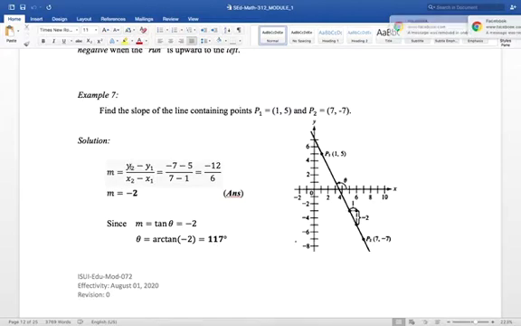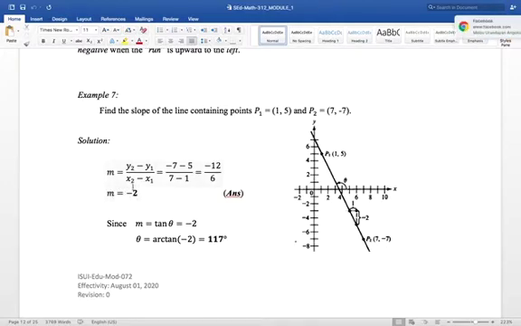So you have y sub 2, which is negative 7, minus y sub 1, which is 5, over x sub 2, which is 7, minus x sub 1, which is 1. So you will have negative 12 over 6, or your slope now is negative 2.